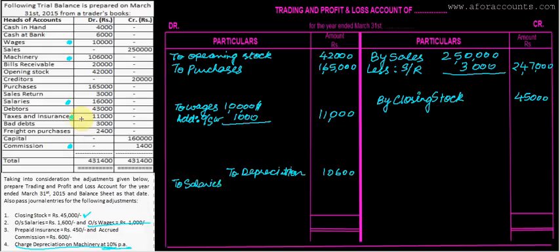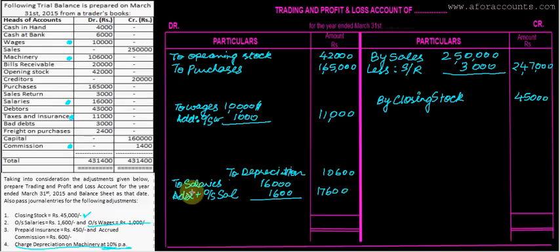I'm seeing some mark here, so it means it has an adjustment, so I'll put it in the inner column. Salaries 16,000. First find out what is the adjustment for salaries. Outstanding salaries rupees 1,600. So I know that I have to add outstanding expenses, so add outstanding salary 1,600 and take the amount to the outer side. It is 17,600.